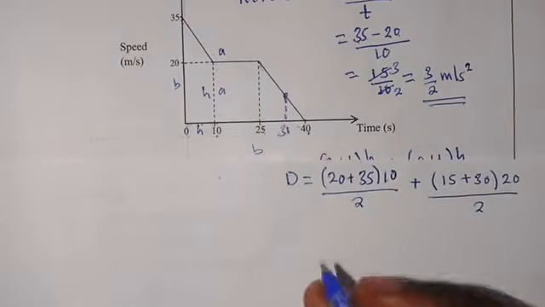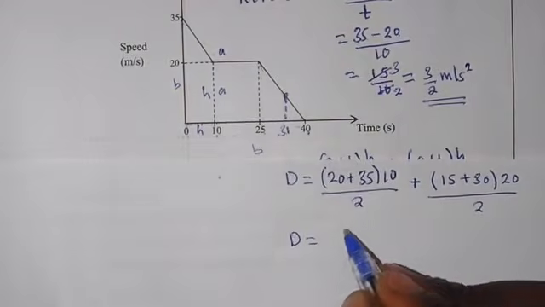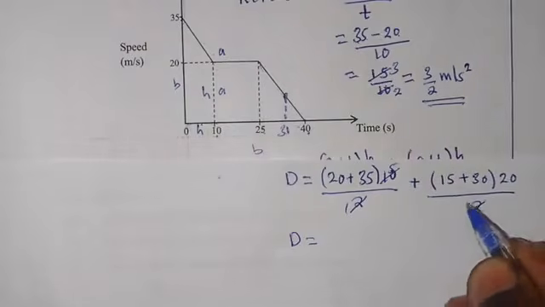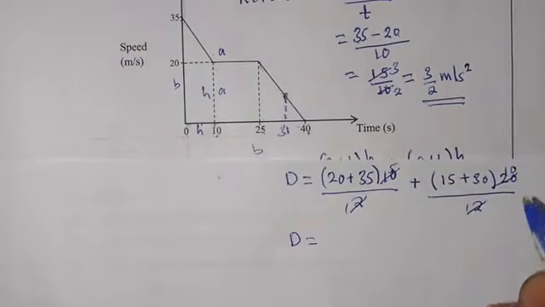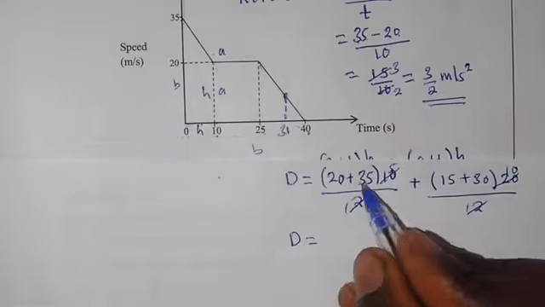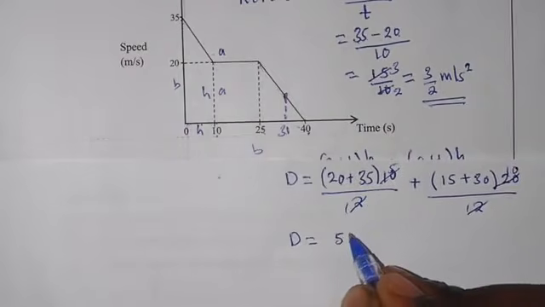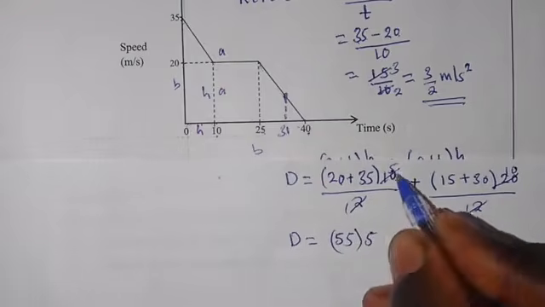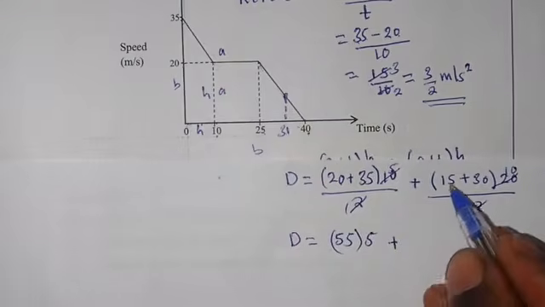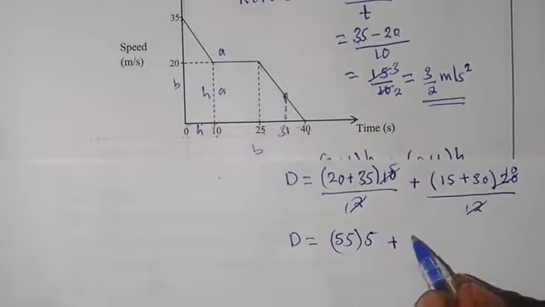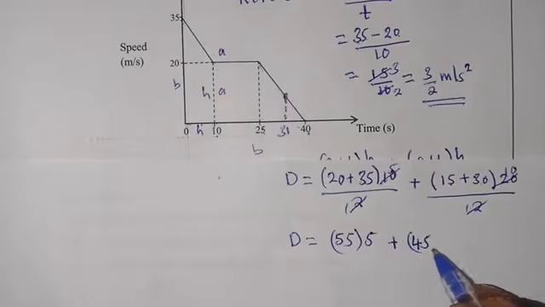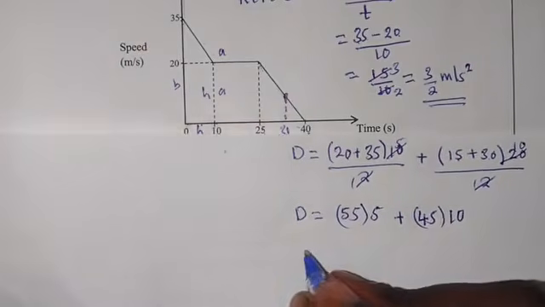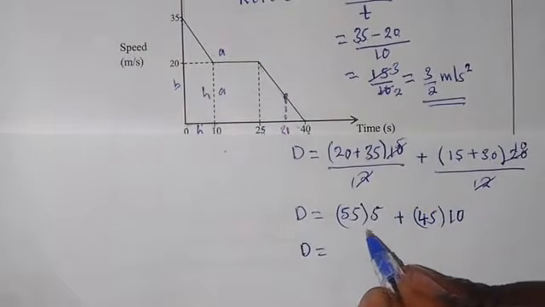So from here we can say distance is equal to, so we can cancel 2 here, 1, 2 here, 5, 2 here, 1, 2 here, it's 10. So 20 plus 35, this will be 55, which will be multiplied by this 5 right here, plus this, and this will be 45, which will be multiplied by 10.